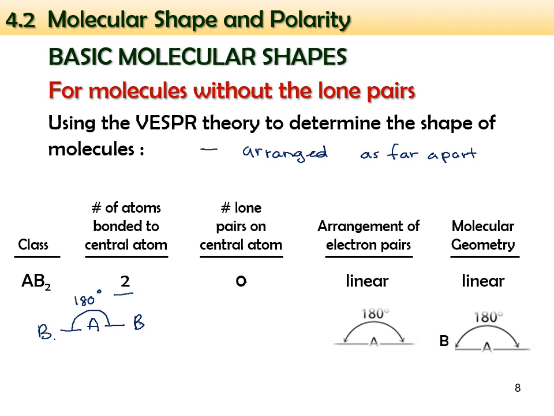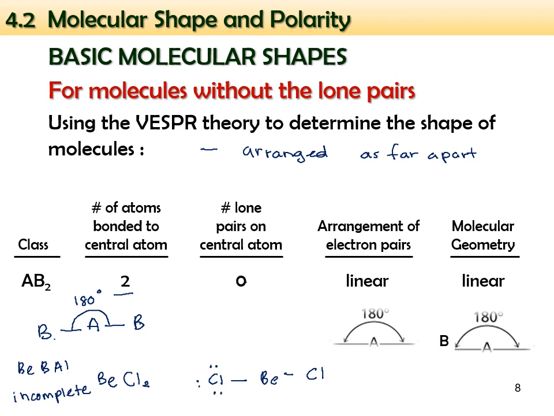Okay, so let's have a look at a real example. For example, BeCl2. Beryllium is an exception, so it will have an incomplete octet. When you follow the order to write the correct Lewis structure, you will come to this structure.